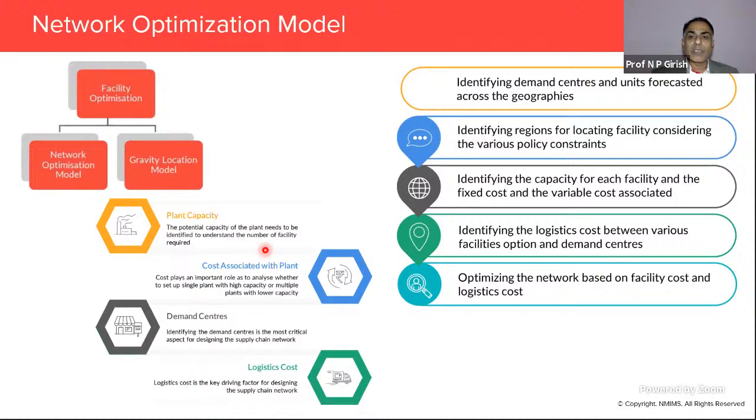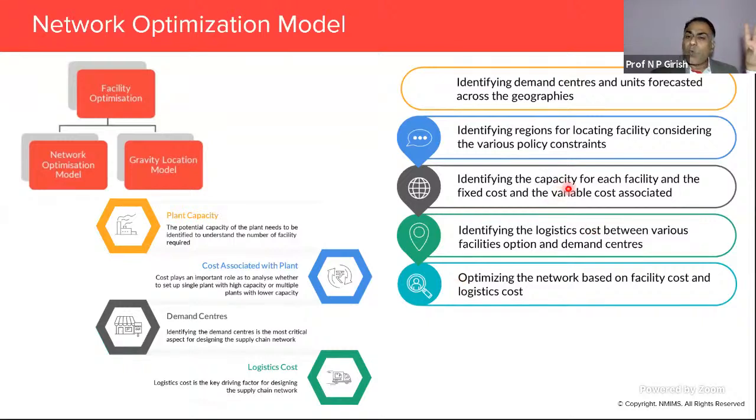Network optimization talks about identifying potential demand centers and the forecasting, identifying potential candidates for the supply center, and any policy constraints to be looked into. That's not in the Excel. That is much more for you to understand conceptually.